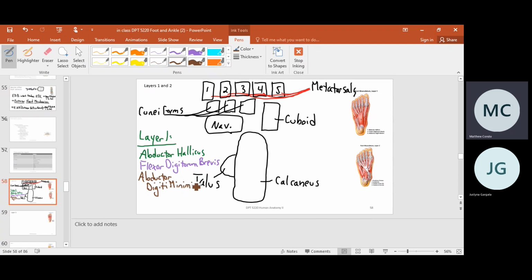So layer one: abductor hallucis, flexor digitorum brevis, abductor digiti minimi. We're going to start superficial and go deep. Good question. So layer 1 is the most superficial layer.